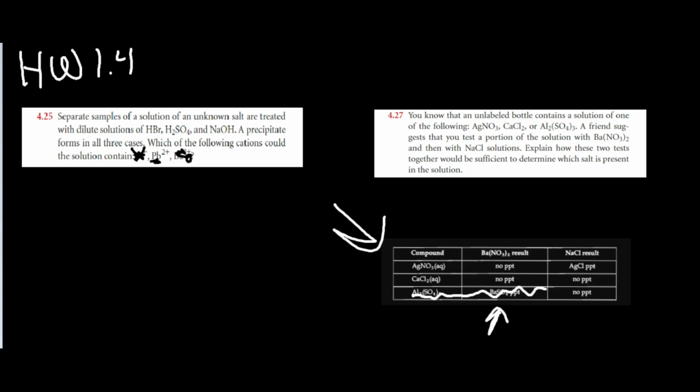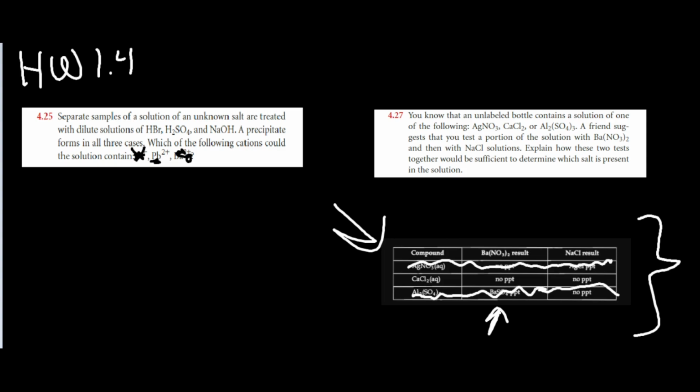And then with sodium chloride, the only thing that will form a precipitate and will not be isolated by barium nitrate is silver nitrate, since silver and chloride form a precipitate, leaving calcium chloride. So in this case, this is enough to isolate because they all point to different things.